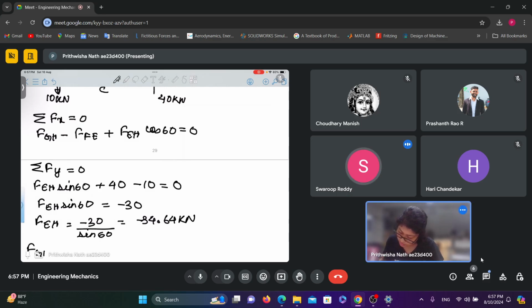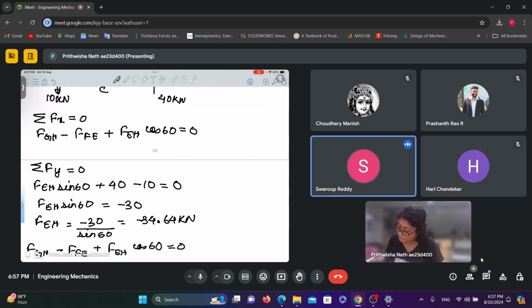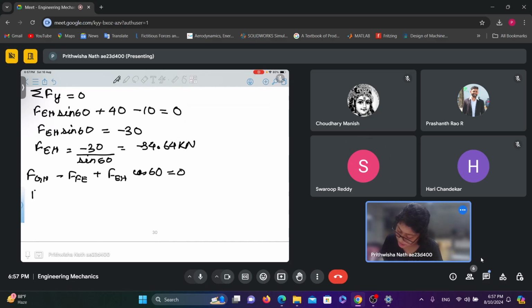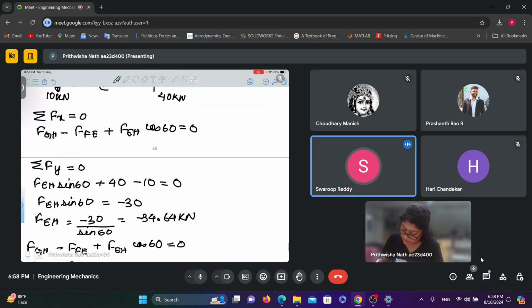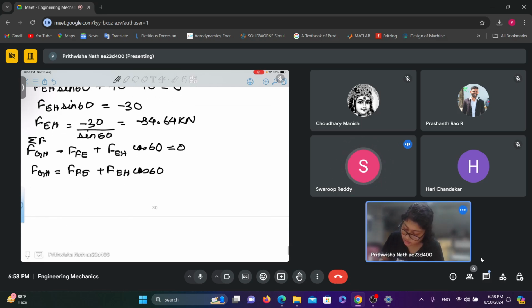FGH minus FFE plus FEH cos 60 is 0. Now FGH equals FFE plus FEH cos 60. This is coming from the equation summation of Fx equals 0.